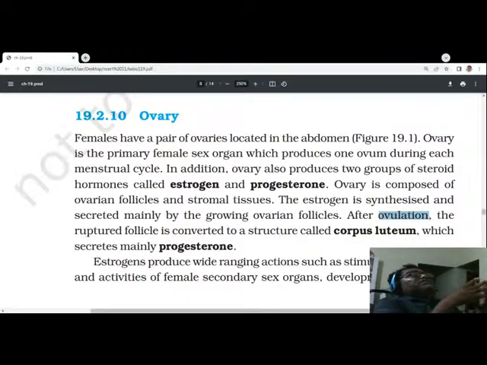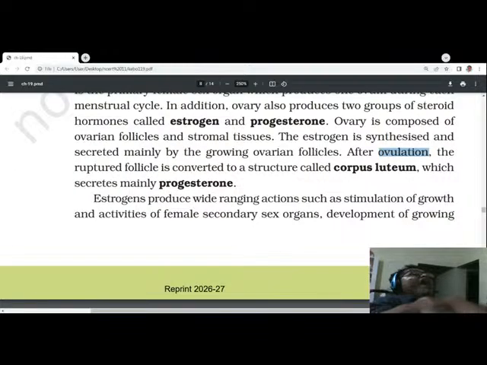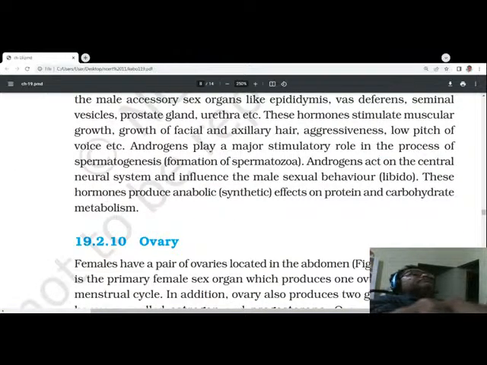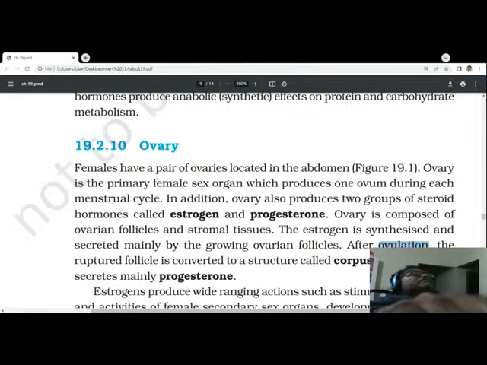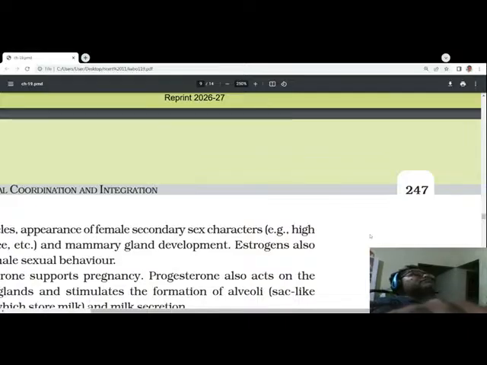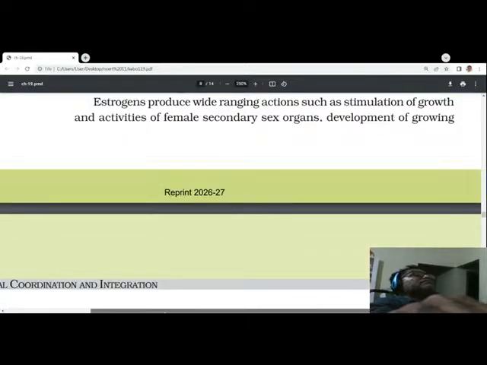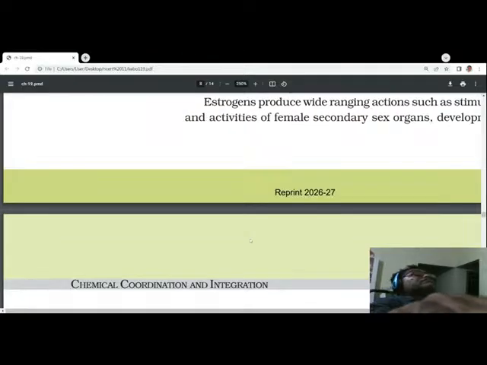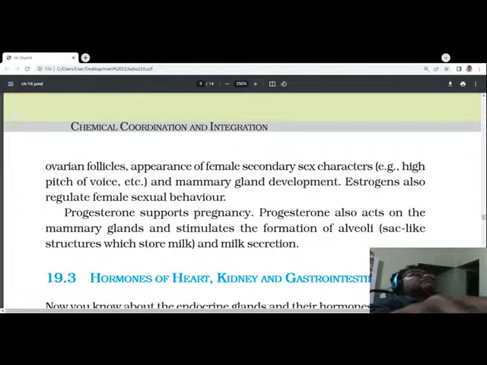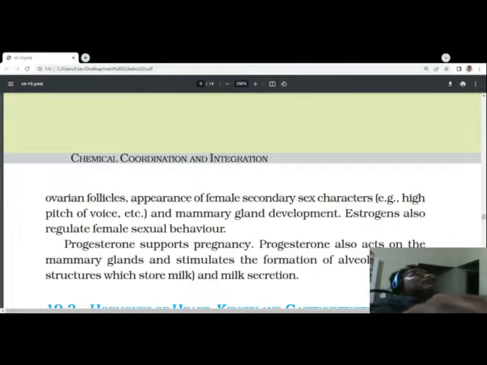Estrogens produce a wide range of actions, such as stimulation of growth and activation of female secondary sex organs, and the growth of ovarian follicles, appearance of female secondary sexual characteristics, high pitch of voice, and mammary gland development.